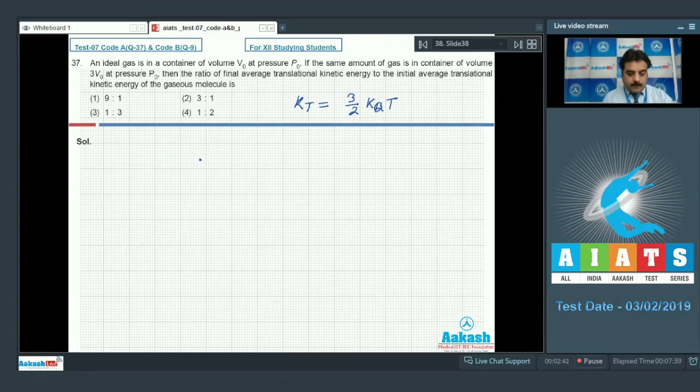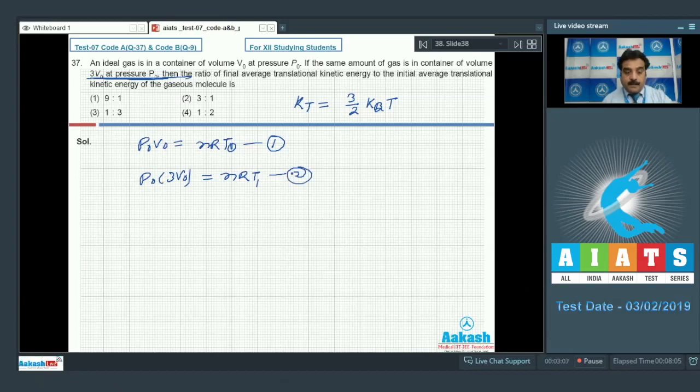Using the ideal gas equation, for situation number 1 we write P0 V0 = nR T0, and for situation number 2 we write P0, 3V0 = nR T1.